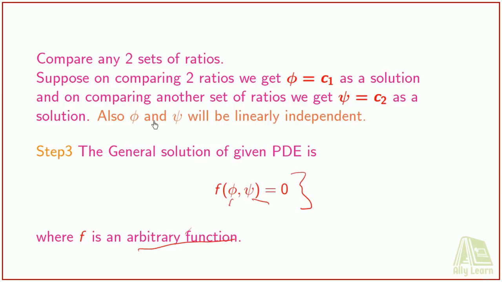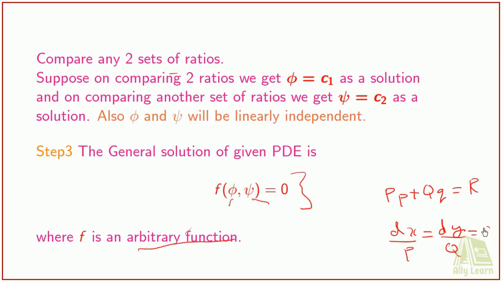So friends, again I repeat that in order to calculate the general integral or general solution of a first order PDE given in this form, first of all we calculate the Lagrange subsidiary equations. They are in the form of these three ratios.